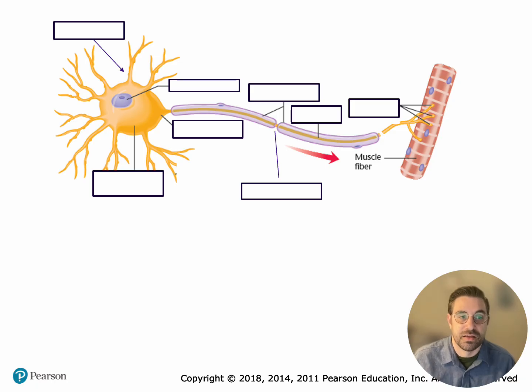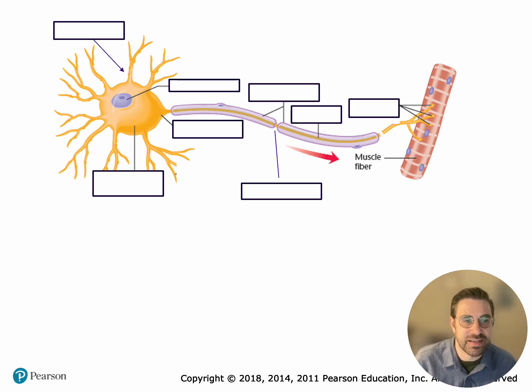It's got a cell here with these branches coming off of it. It's got a long process like a wire here that's heading to muscle fiber. So this is an efferent nerve in the somatic nervous system, right? It's heading out to the external world, the muscles, and it's coming out of the central nervous system.